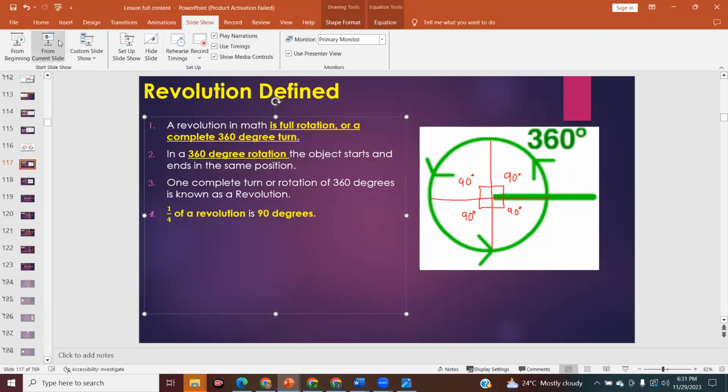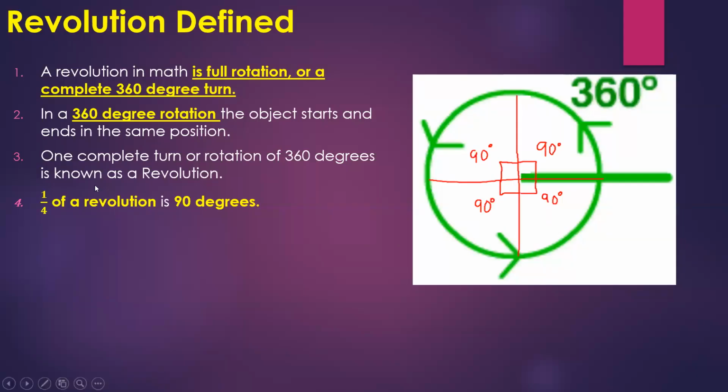And number three, when we look at 1/4 of a revolution, a fourth of a revolution is 90 degrees. Okay. So if this was a slice of pizza, we know that 1/4 of the pizza is 90 degrees. So 1/4 of a revolution, or a fourth of a complete turn, is 90 degrees. All right.